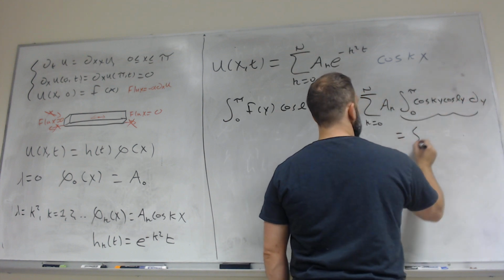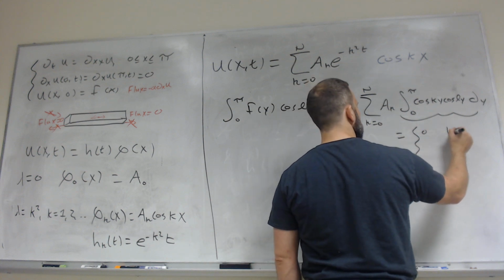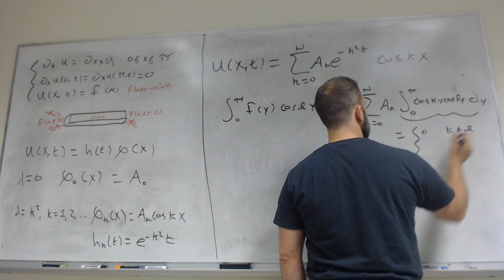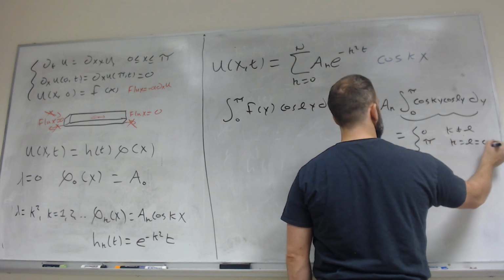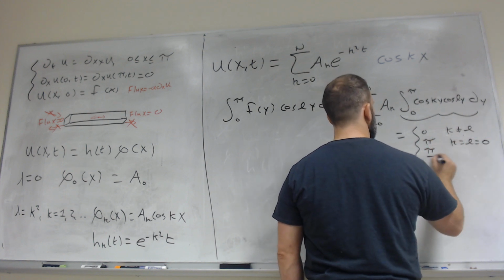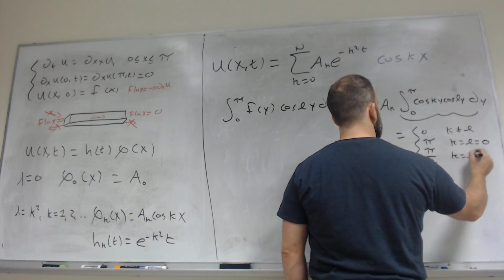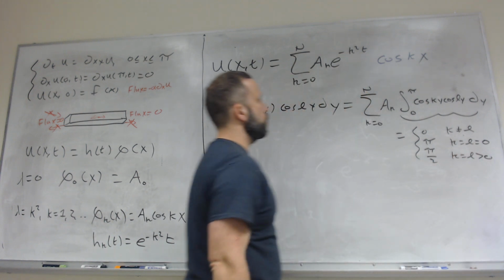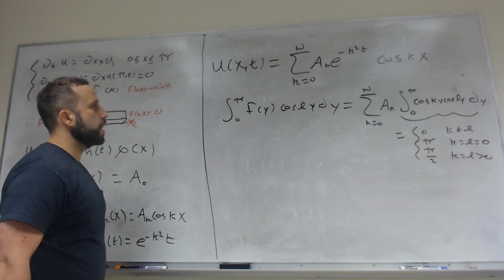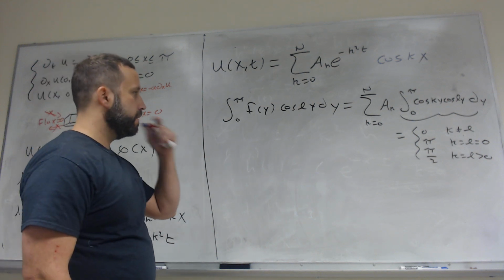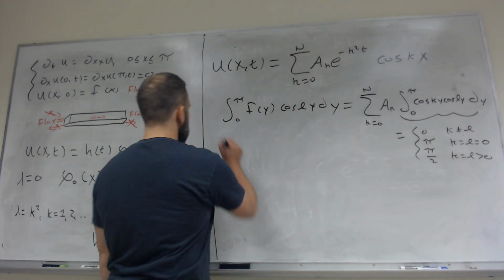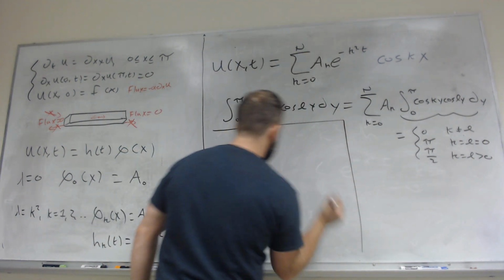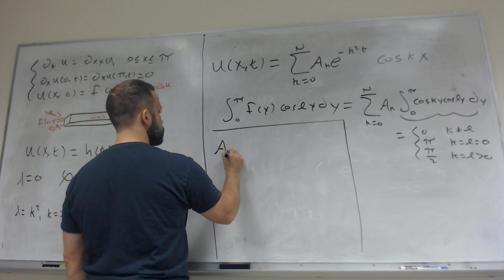Now this integral is equal to 0 if k and l are not equal to each other. It's equal to pi if k and l are both equal to 0, and it's equal to pi over 2 if k is equal to l and it's greater than 0. Okay, then so overall, this sum is only going to be non-zero when k is equal to l. And in that case, we're going to get a sub 0.